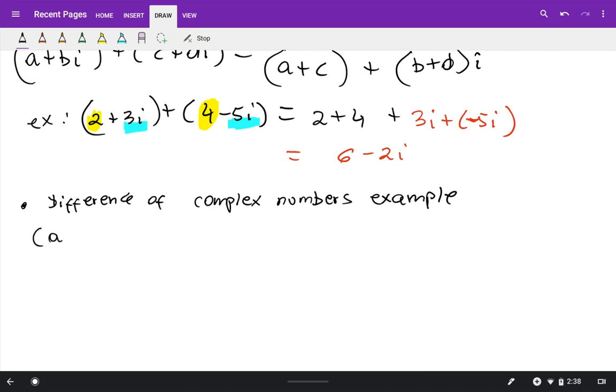If you follow the formula, a plus bi minus c plus di, what you're going to do is subtract the real parts and subtract the imaginary parts.